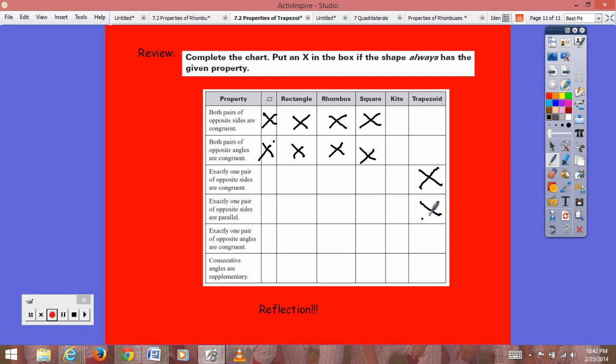Again, that is only trapezoid. Exactly one pair of opposite angles are congruent. That is a property of a kite. And consecutive angles are supplementary. That is a property of a parallelogram, so it is a property of rectangles, squares, and rhombuses.